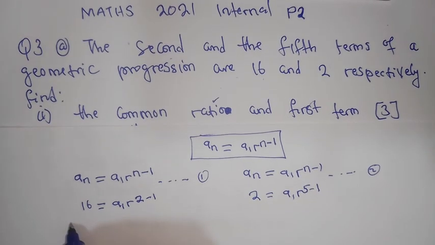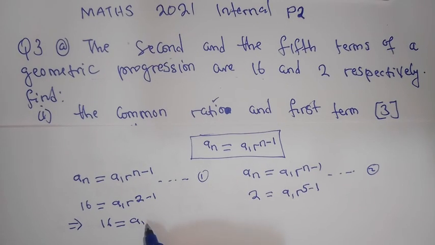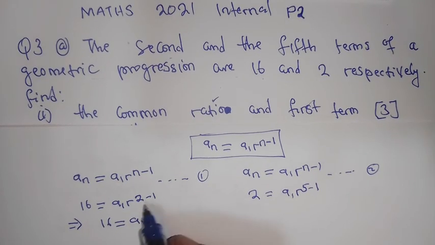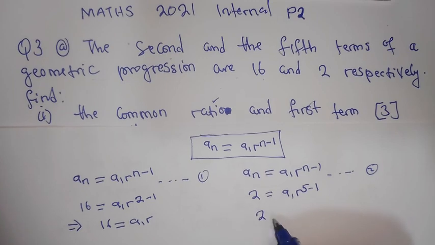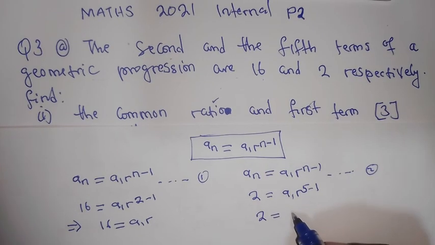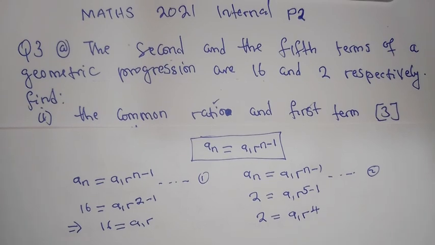From there, you can now start simplifying. So this can evaluate to 16 is equal to a1 multiplied by r to the power 1. We know that anything to the power 1 is just that thing. So what about this one? This is going to be a1 multiplied by r to the power 4.